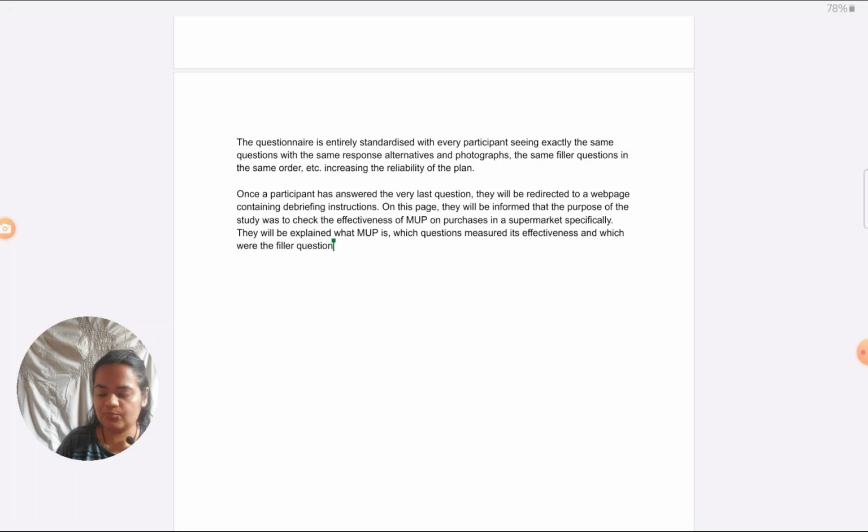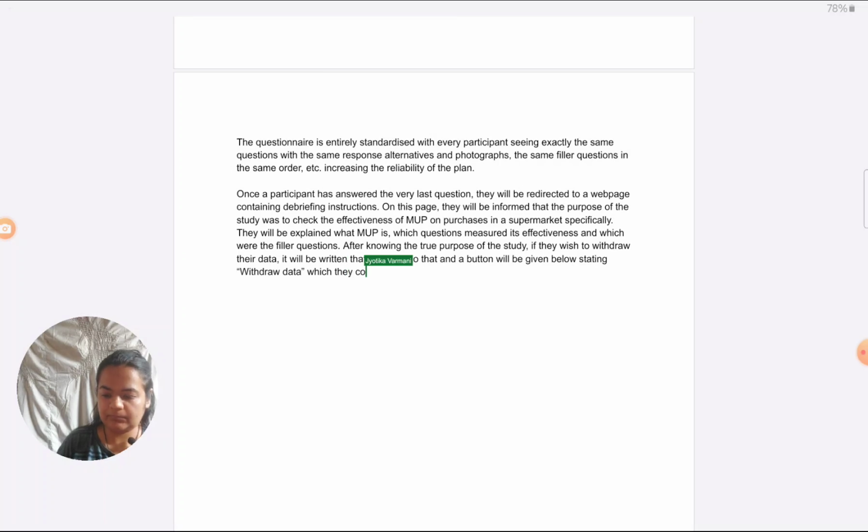After knowing the true purpose of the study, if they wish to withdraw their data, it will be written that they can do that. And a button will be given below stating withdraw data, which they could click to do so.